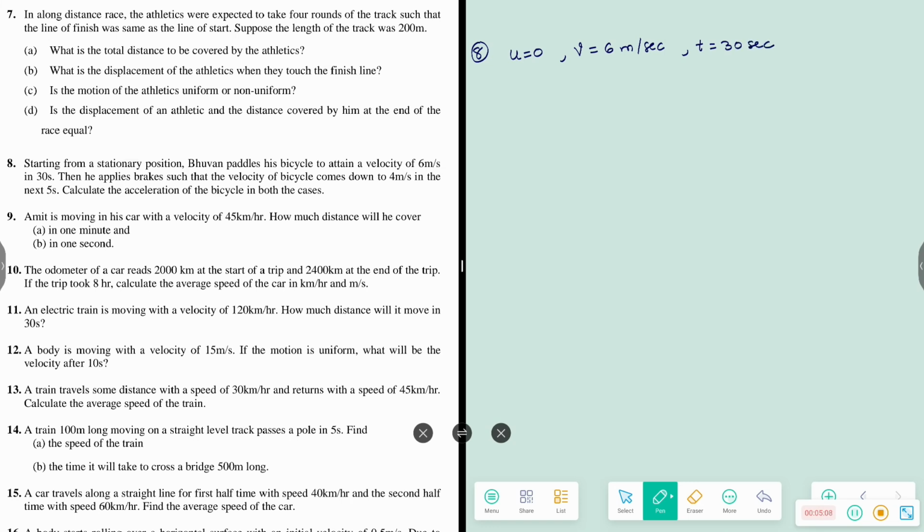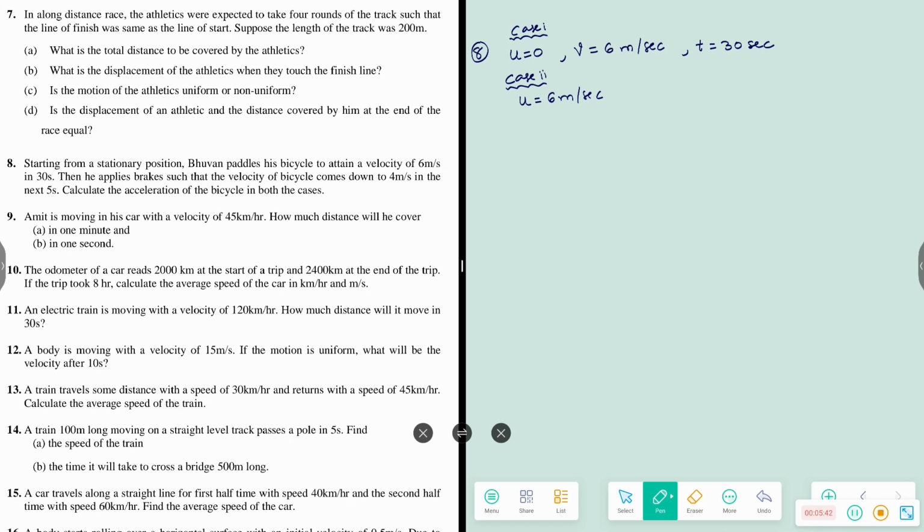Then he applies brake such that the velocity of the bicycle comes down to 4 meters per second. So this is case 1. In the first case, what happened? He was at rest position, then he came to 6 meters per second in 30 seconds. Then in the second case, what happened? Here initial velocity is 6 meters per second. As of now, his velocity is 6 meters per second.